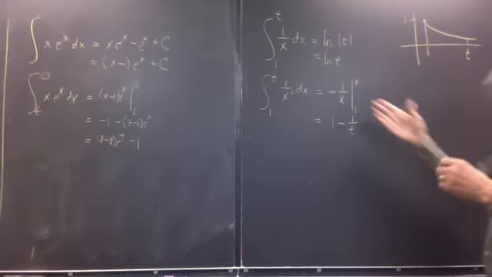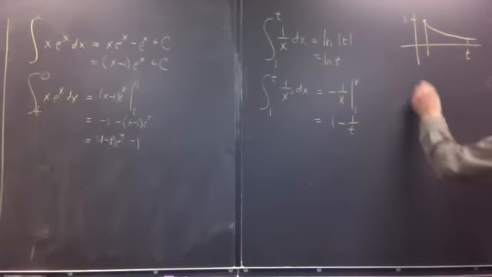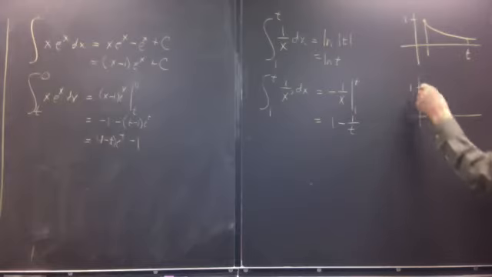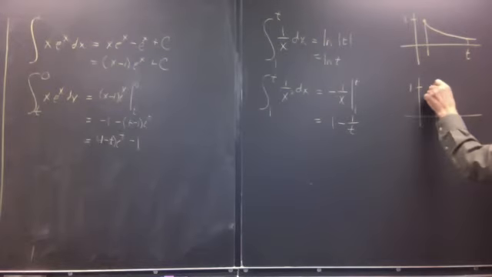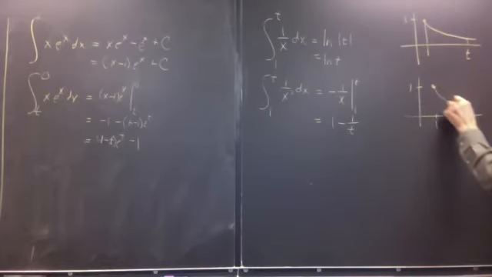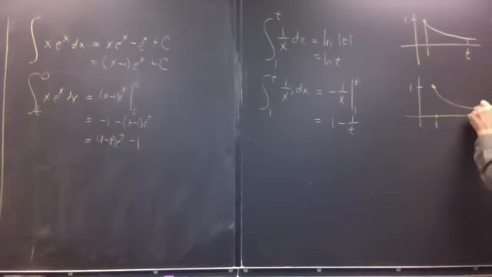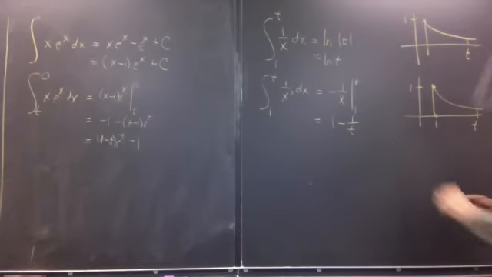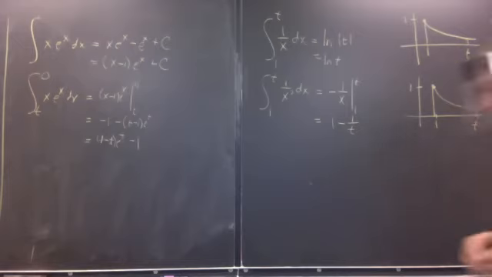If I do the same thing with 1 over x squared, and I draw a picture, and I change the 1 here just to make it more visible, trying to copy the same idea, they both go through 1, and 1 over x squared looks like this. And if you go to t, you get the area under the curve, and this time it is 1 minus 1 over t. Okay, fine.